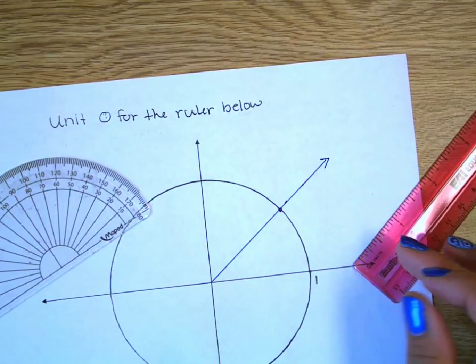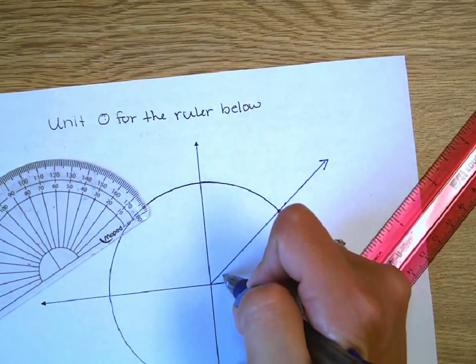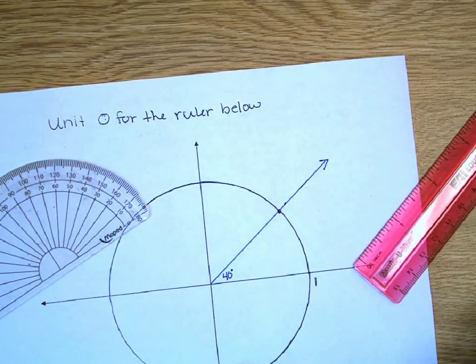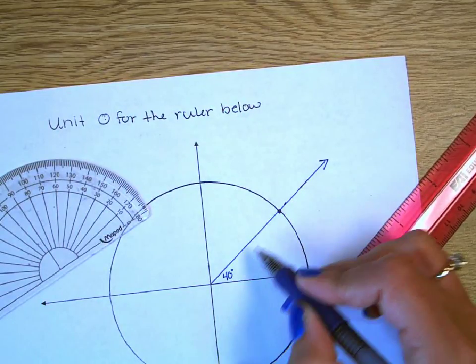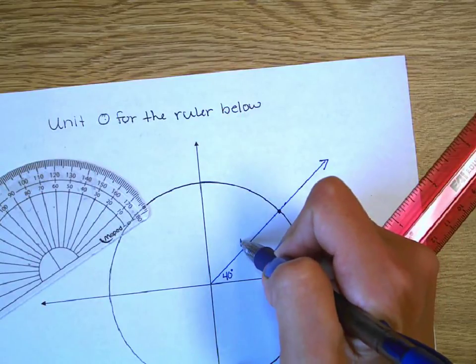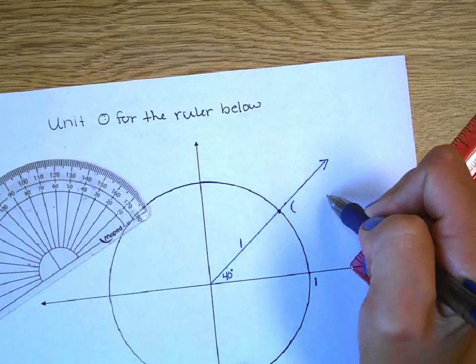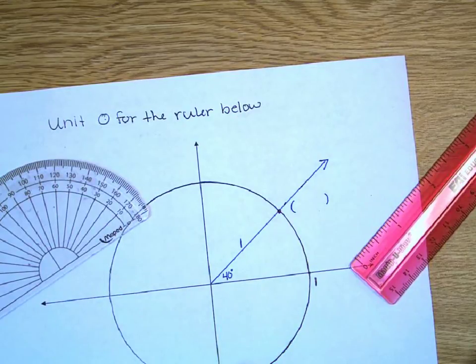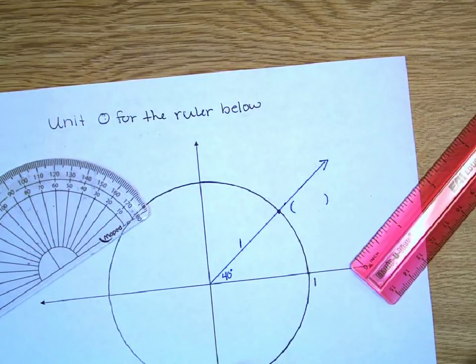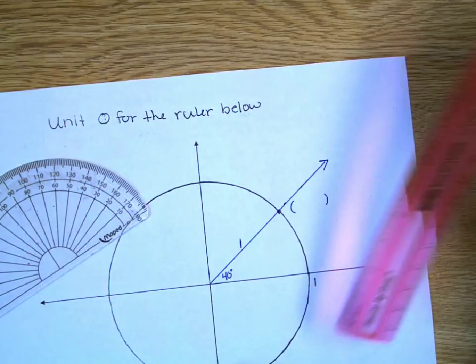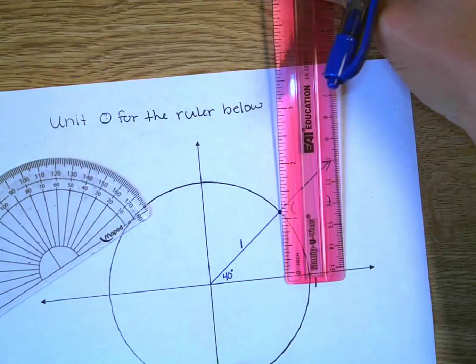Okay, we want the sine, cosine, and tangent ratios for this 40-degree angle. We know that the hypotenuse is 1, because we're on the unit circle. What I need is the x and y coordinate here. How am I going to get the x and y coordinate? Make a right triangle. So I've got to drop straight down. So if you use your ruler, use like the 0 line.